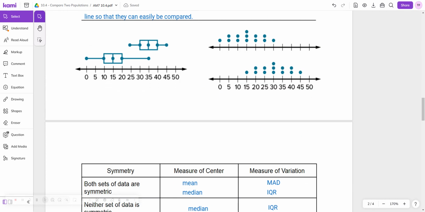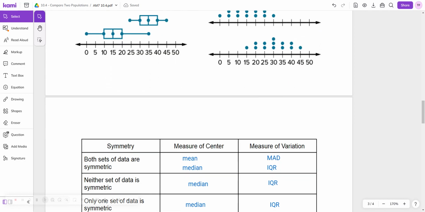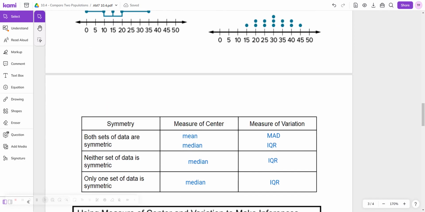All right. Now, having said all that, when we're talking about double box and double dot plots, we also need to decide which measures we're going to use, whether we're going to use mean and MAD or median and IQR. And just like the single ones, we have to look at the distribution.